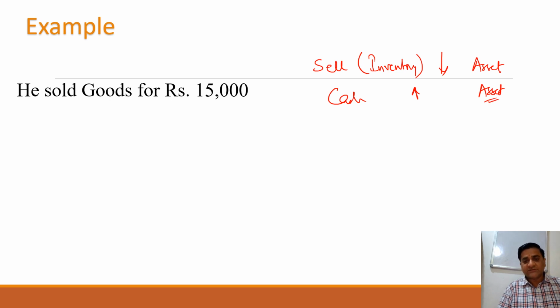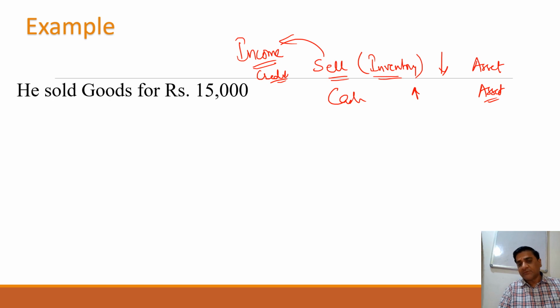Or if you consider this to be your income, the rule says for income the natural balance is credit. Whenever income increases, it has to be credited. So whenever you sell something, you generate some revenue. Whether you go by this logic or that logic, the result would be the same: the asset which is going down would be credited, the asset which is going up would be debited.